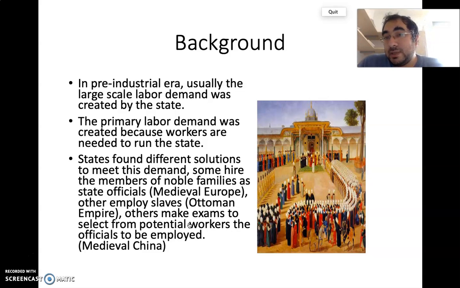So labor demand might be relatively small at small levels. Maybe in some excessively rich cities, you might get slaves from other places, and you might let slaves do certain types of work.